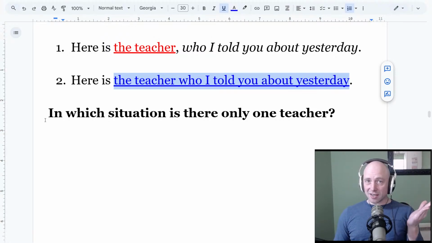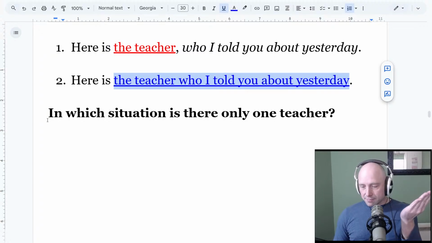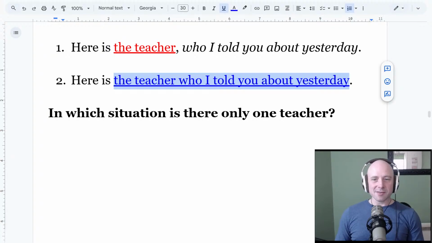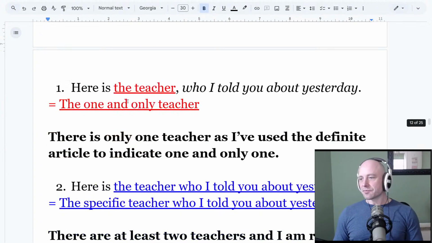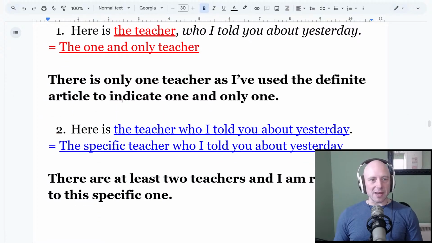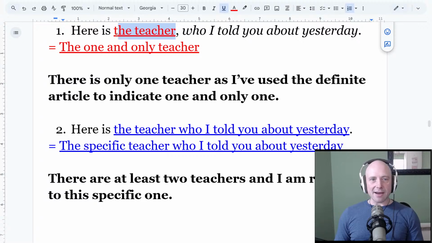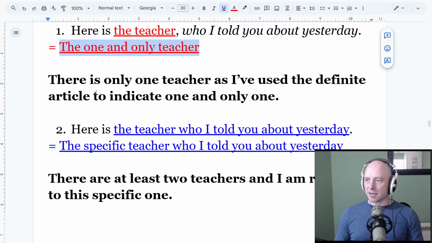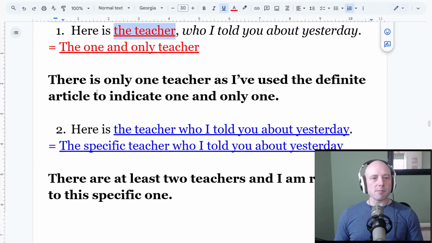Here is the teacher is the complete sentence. And then I add, who I told you about yesterday. So in number 1, there is only one teacher. You can see another explanation about that there. Here is the teacher. The noun phrase is the teacher, which means the one and only teacher, as I've used the definite article to indicate the one and only one.